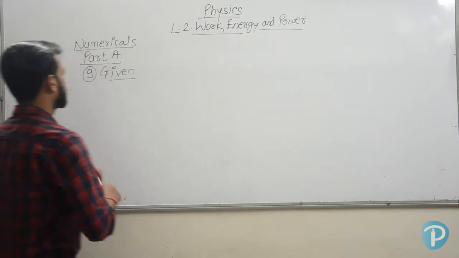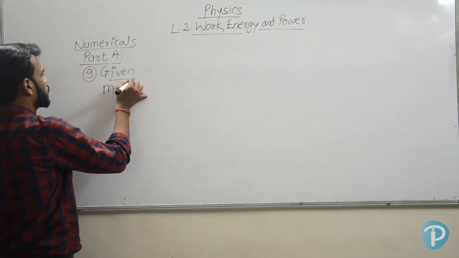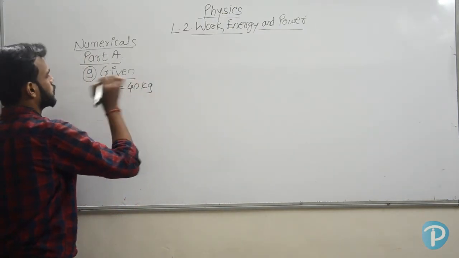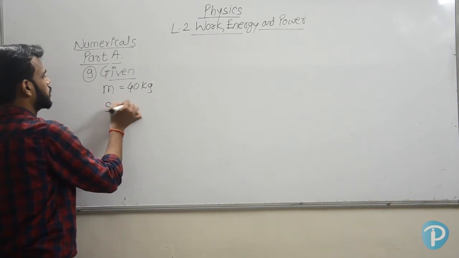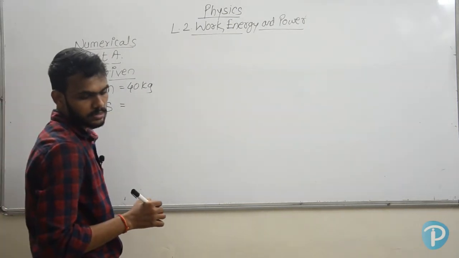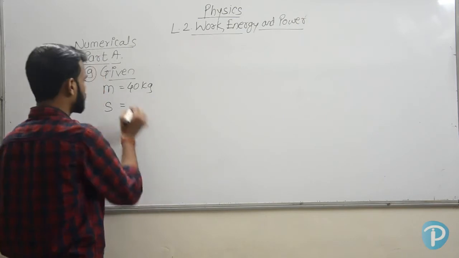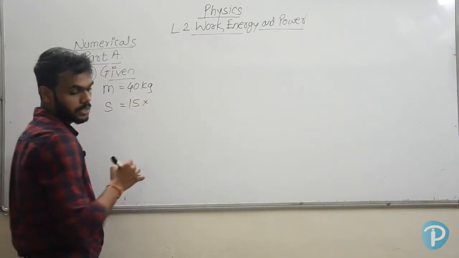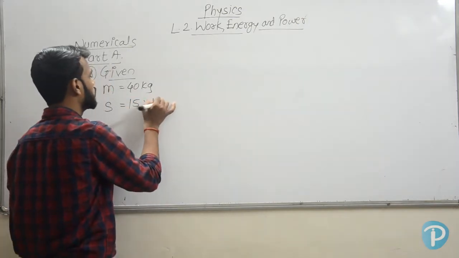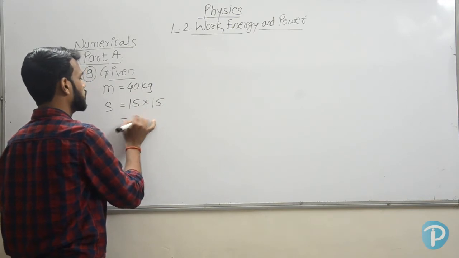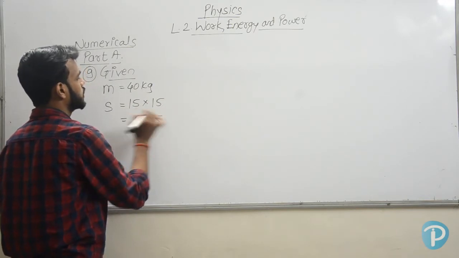So mass of the boy is given, m, which is 40 kg. Now to calculate the displacement, he runs up a flight of 15 steps, and each step is 15 centimeter high. So 15 into 15 will be 225, that is in centimeters.